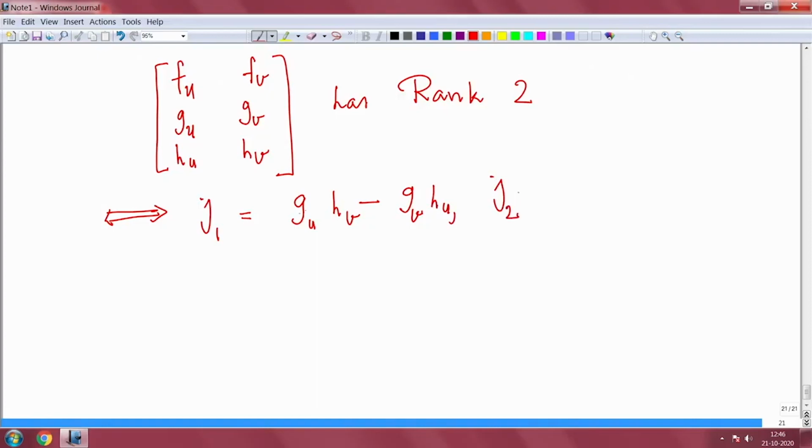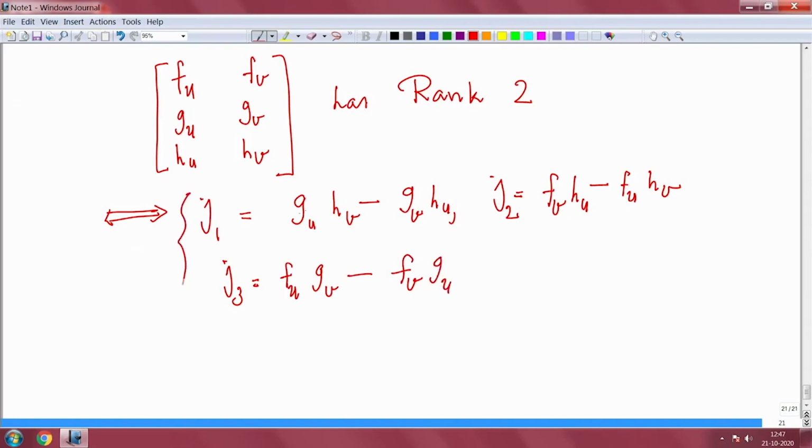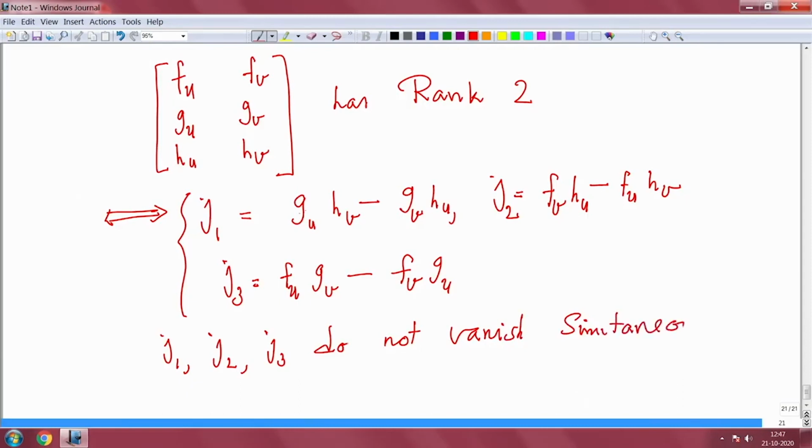J2, similarly, is equal to f_v h_u minus f_u h_v, and J3 is f_u g_v minus f_v g_u. This is equivalent to saying that J1, J2, J3 do not vanish simultaneously. Okay, so that is what we will make use of.